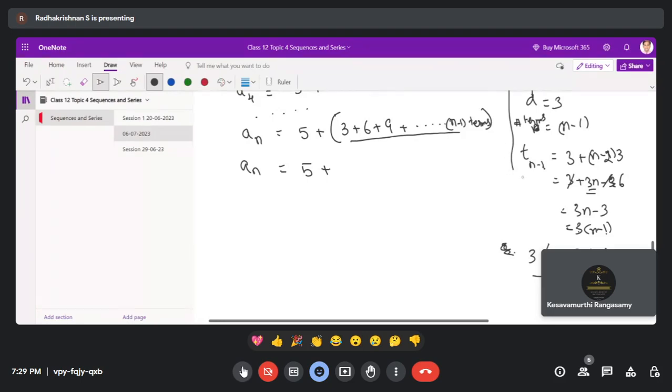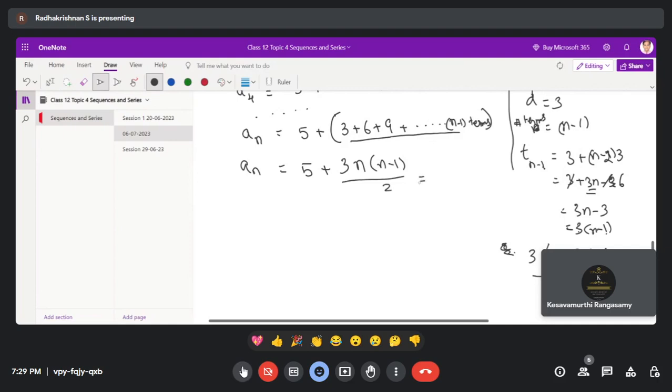Even if you apply the formula n by 2 into A plus Tn minus 1, you will get the same result. I can see this is in a simple form where you can take out the 3, and then it becomes 1 plus 2 plus 3 up to n minus 1 terms. So that means it will be 3 into n minus 1 into n, written the other way, n into n minus 1 divided by 2.